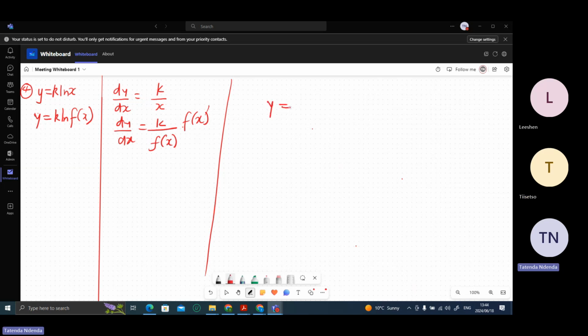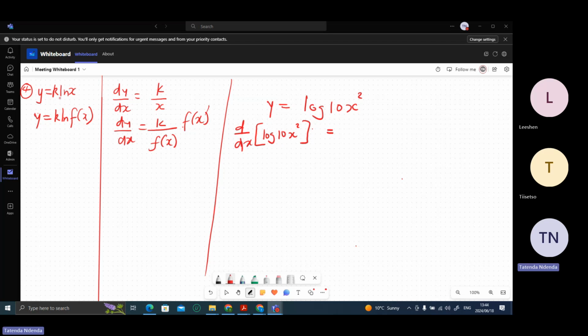y is equal to log 10x squared. This one, we're going to say d over dx of log 10x squared is equivalent to, right?